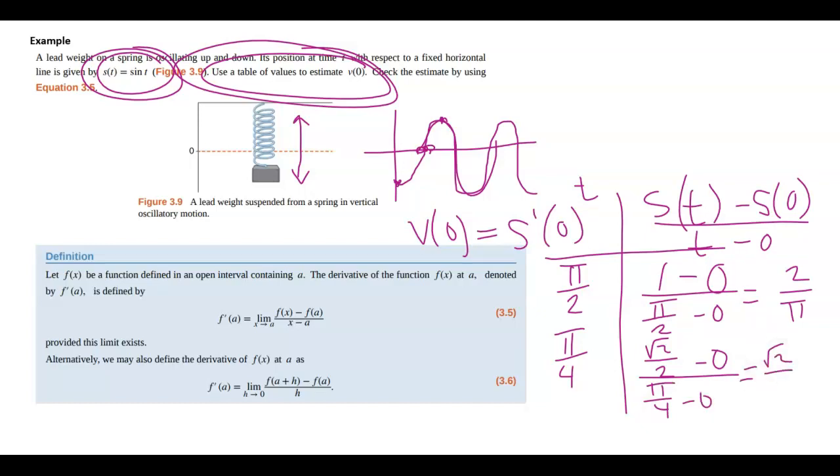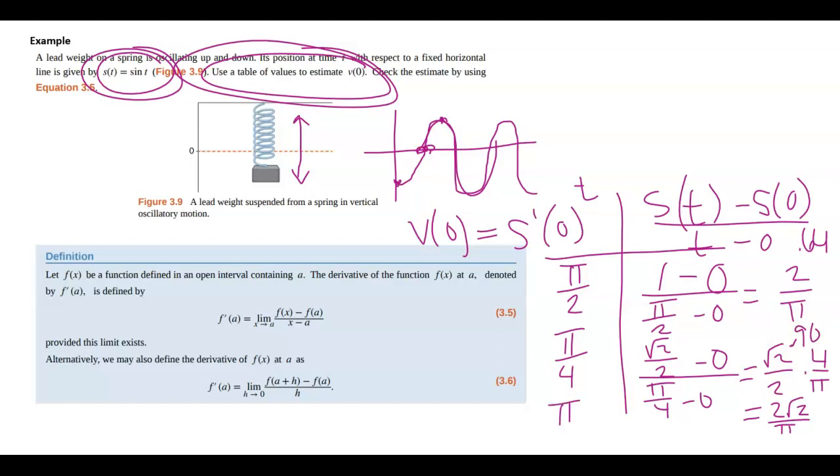So that's going to give me root 2 over 2 times 4 over pi, or 2 root 2 over pi. I'm going to go ahead and calculate what these values would be in decimals. So this is 0.64. And then what's 2 times the square root of 2 over pi? This is 0.90.